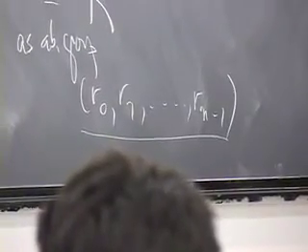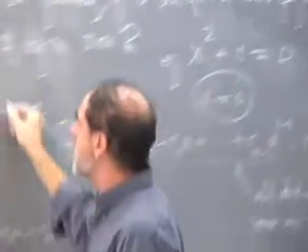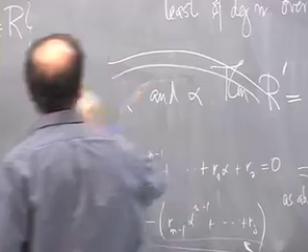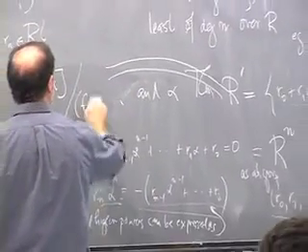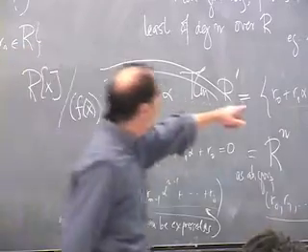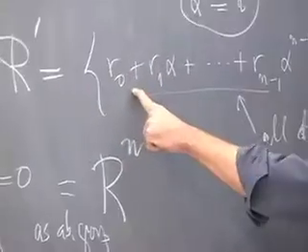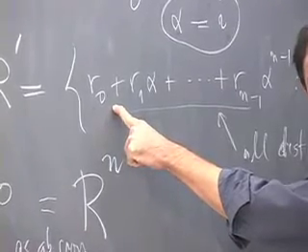Whereas here, we had only a finite number of copies of R because we got this thing here. And in fact, if this monic polynomial is f of x, then you can show this ring R prime is nothing but the quotient of the polynomials in X by the ideal generated by the polynomial f of x. These are just the remainders after you do division by f of x using the Euclidean algorithm. And that works for a monic polynomial.